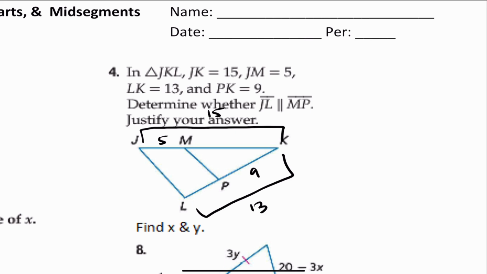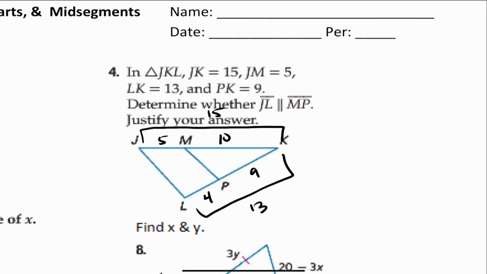So I can go ahead and fill this in. I have 5 plus this part, which will give me 15. So that means that this has to be 10, because 5 plus 10 is 15, that makes sense. And then here, I have something plus 9 is equal to 13, so this is 4.